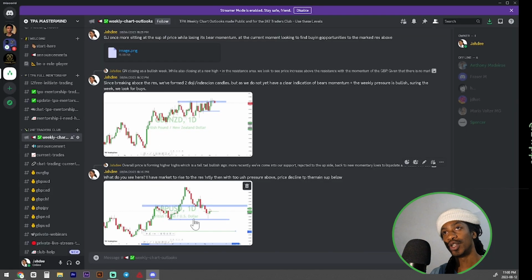Last but not least, let's go over to GU, and I'm just like, what do you see here? I've marked up the rise to the resistance. Firstly, then with a push pressure, then with two push pressure above the price, declining to the main support below.